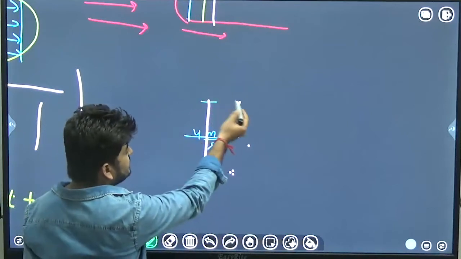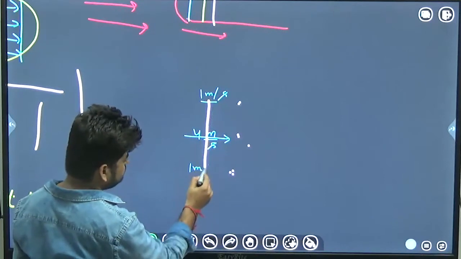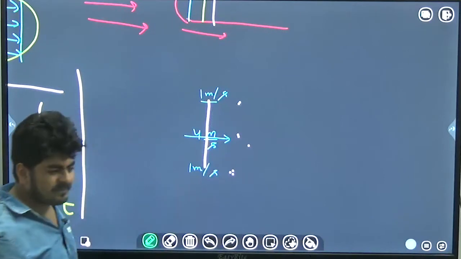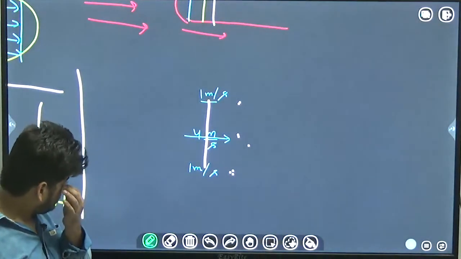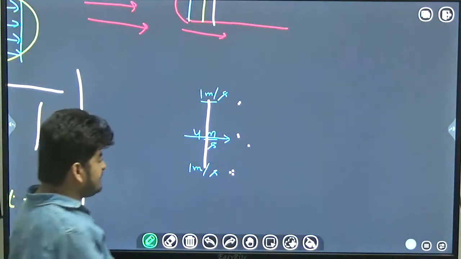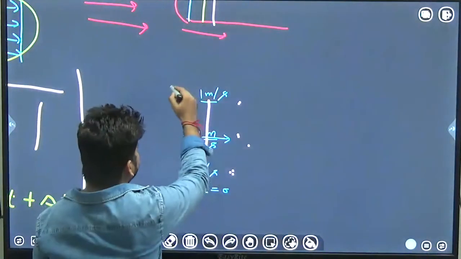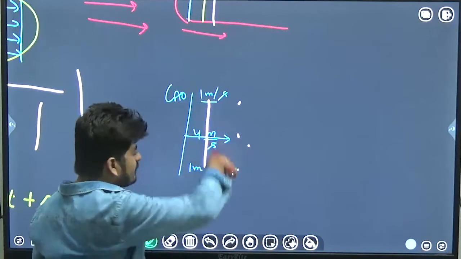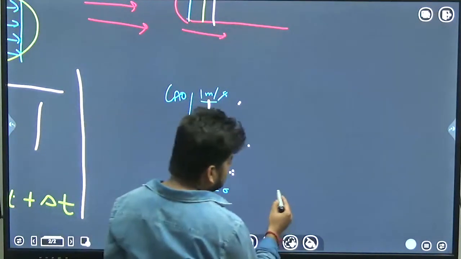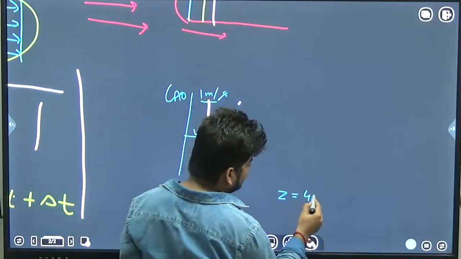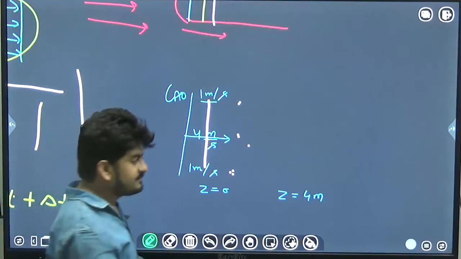Near the walls, the bottom molecule and the top molecule have 1 meter per second velocity. This is length Z equal to 0 initially. Concentration is Ca naught. For all these molecules, initial concentration is Ca naught. After length Z equal to 4 meter, suppose length Z equal to 4 meter.